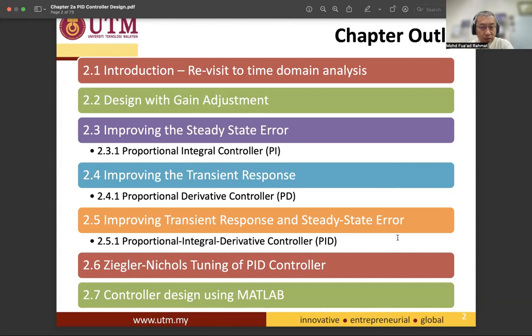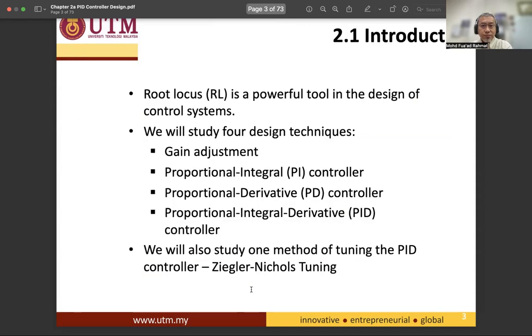Controller design using MATLAB will be applied during the lecture by sharing the MATLAB software.